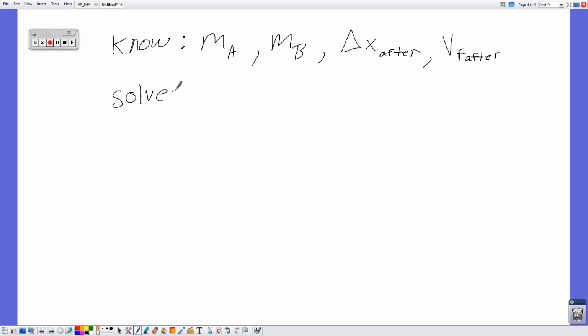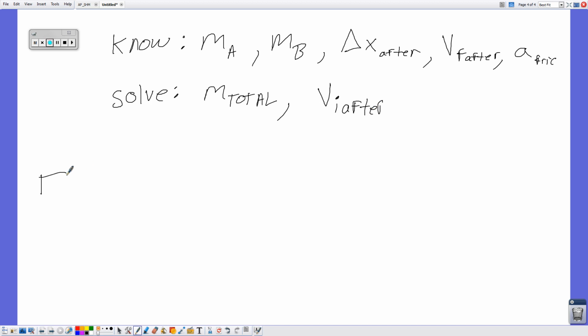You are then going to solve for m total. Hopefully you can figure that one out. Oh, you also know the acceleration from friction. Sorry. And you're going to solve for the initial velocity after the crash. So this would be the velocity of the two cars stuck together right after the crash.